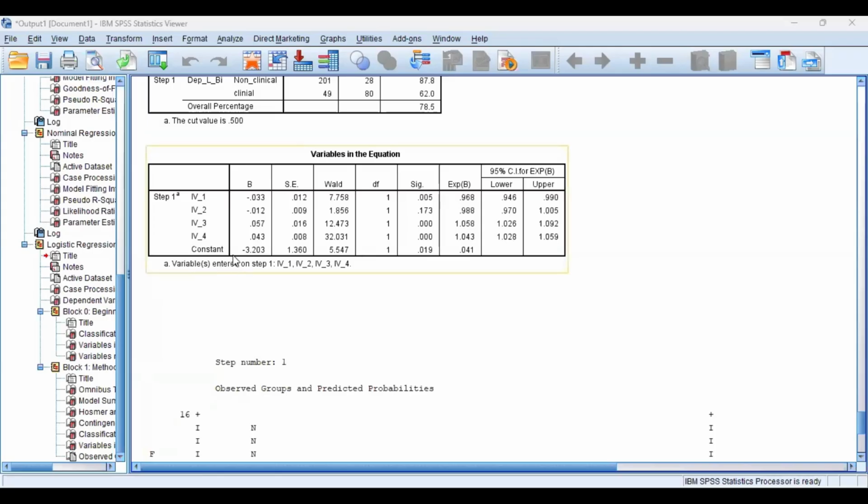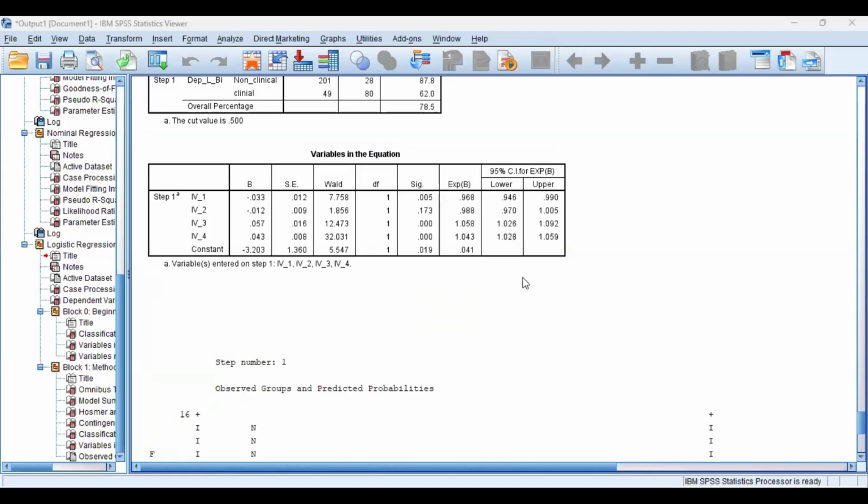Again, another time I repeat that. I can interpret that in this way: each unit increase in IV4 can significantly increase the odds of clinical depression, or clinical levels of depression, by 4.3%. So that is the way that you can interpret the result. As I said again, it is an optional step.